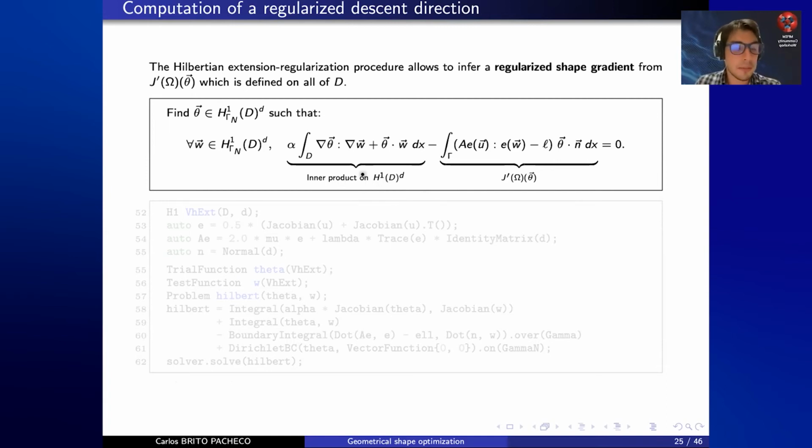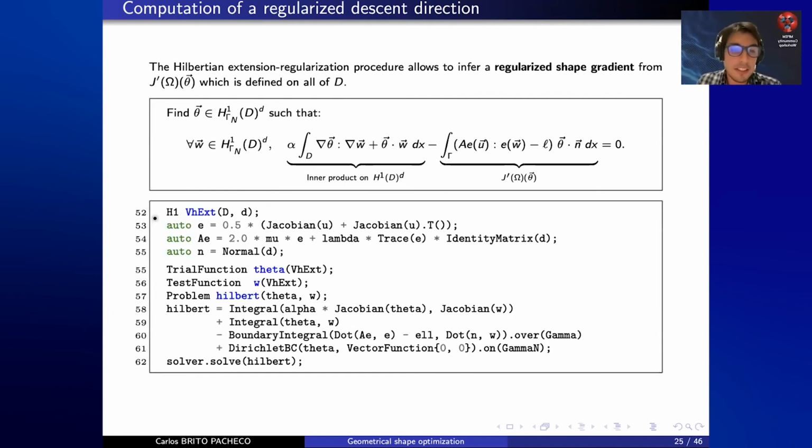So you take some Hilbert space, and now you have a notion of gradient. So you are able to infer a shape gradient in the Hilbert space, so that you get regularity, and you can compute the descent direction from this shape differential. So you just solve a weak formulation again.